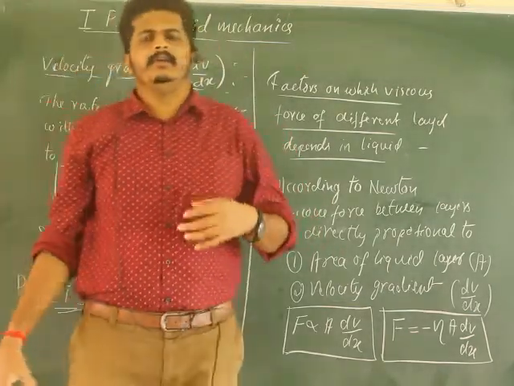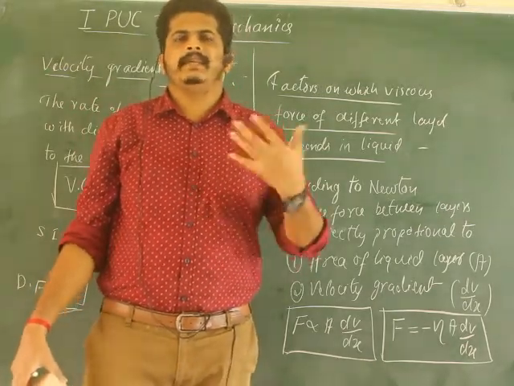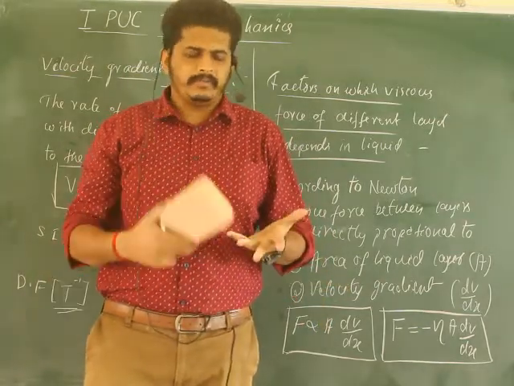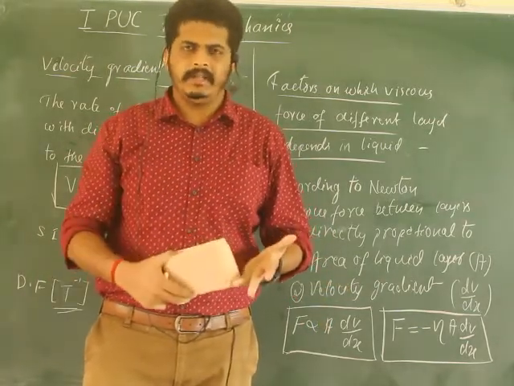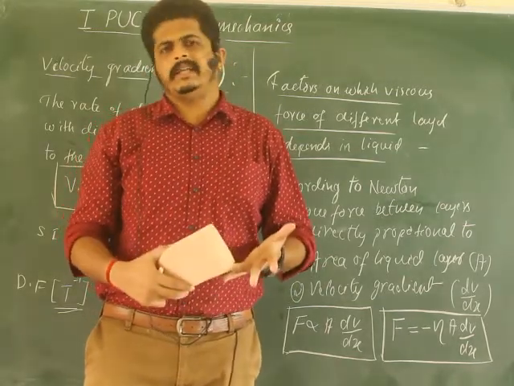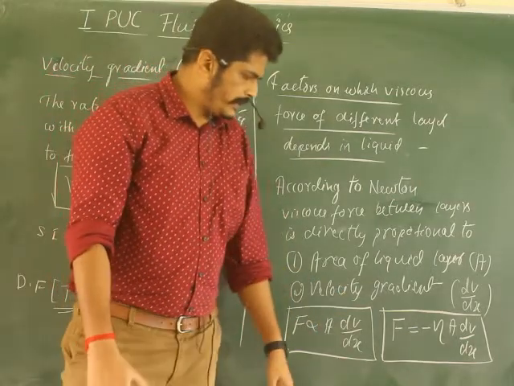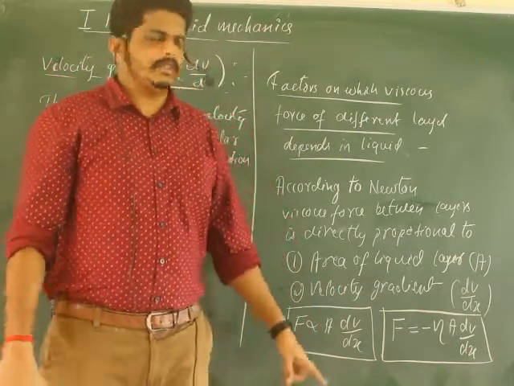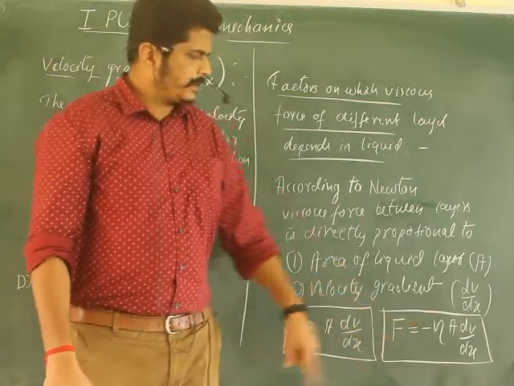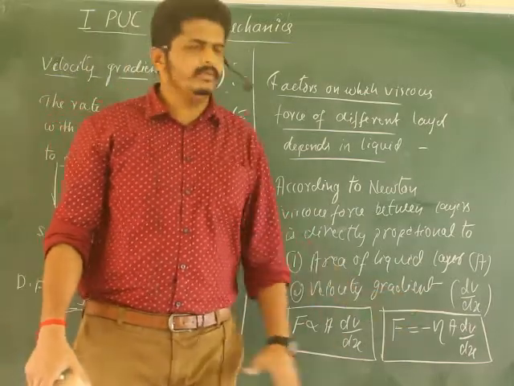According to Newton, the viscous force between layers of the liquid is directly proportional to the area of the liquid layer, next, the velocity gradient. So finally, F is proportional to A into dV by dx. With the equality symbol, how are you supposed to write? F is equal to minus eta A dV by dx. In this way you have to write.